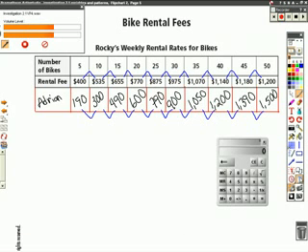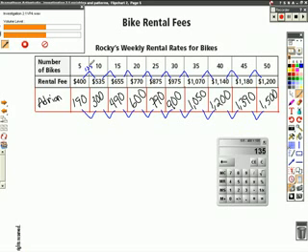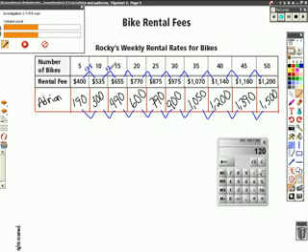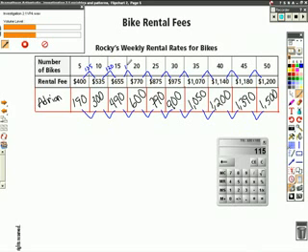So for Rocky, we do 535 minus 400. It's a difference of 135. And then 655 minus 535, 120. $770 minus 655 equals 115.